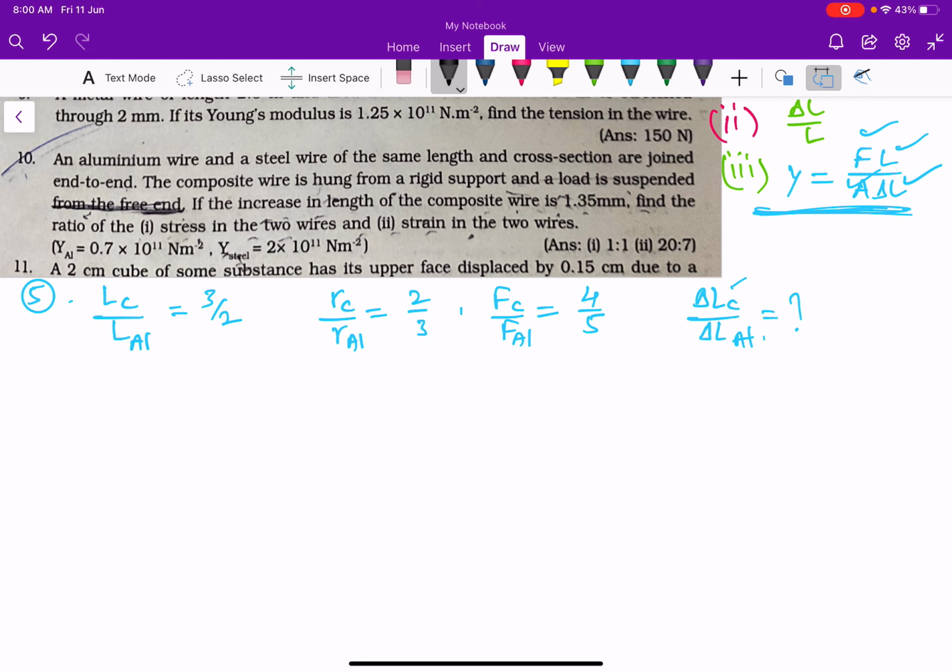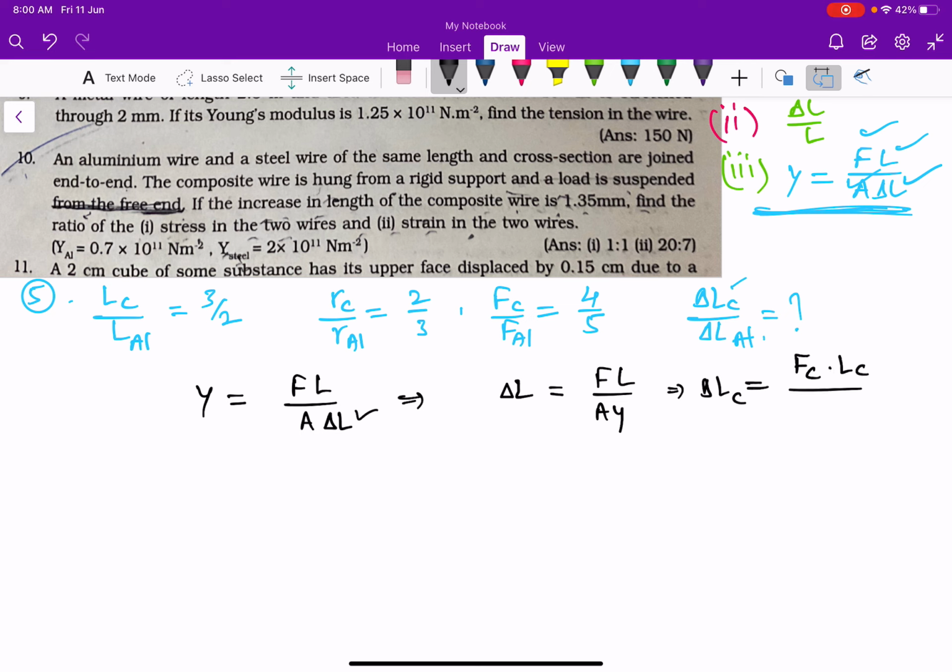The Young's modulus formula is Y equal to F into L by A delta L, so delta L is equal to F into L by A into Y. For delta L of copper, it is force on copper into length of copper divided by area of copper into Young's modulus of copper. This is the relation for copper.